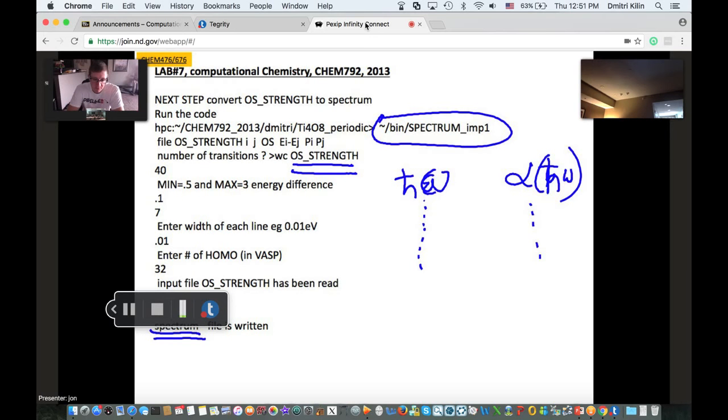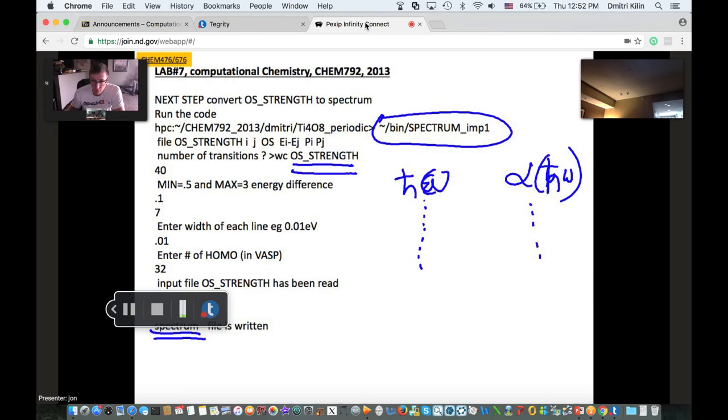Are you interested in transition energies from, say, maybe 2 to 4 electron volts, or a wide range of 0.5 to maybe 7? So we'll give those two inputs in sequential answers, and then it's also going to ask for some type of broadening, and the width of each line we generally put in is 0.01 electron volts.